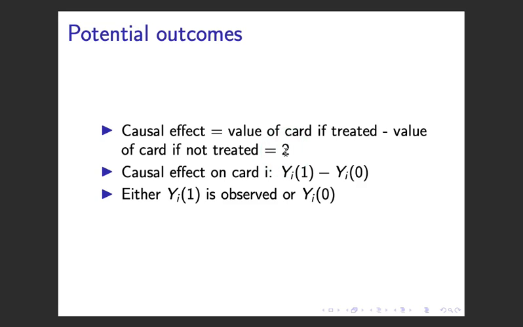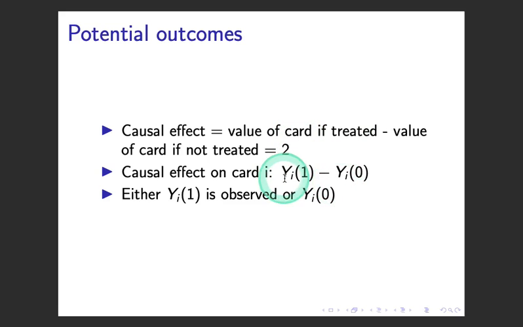And in the potential outcomes framework notation, or in the Neyman-Rubin causal model notation, the causal effect on card i, the ith card, is the potential outcome y of the ith card, one denoting if treated. So we're just translating this into symbols.